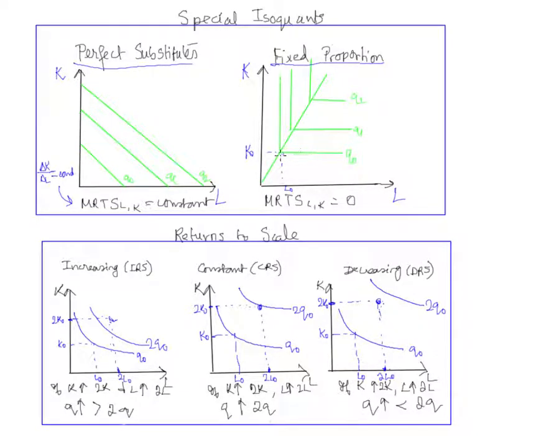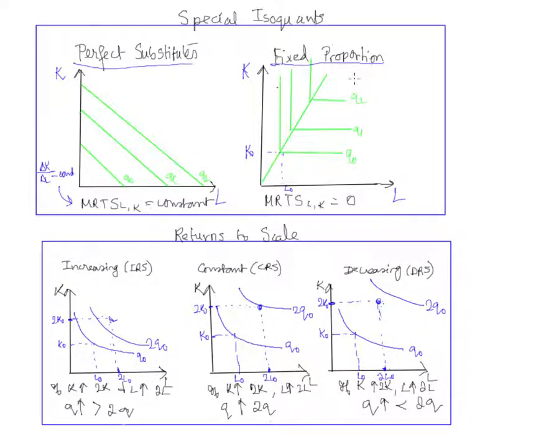If you keep K fixed at K0 and just increase L, then you're not able to change output. Similarly, if you keep L fixed at L0 and just increase K, you cannot increase the output. So they always have to be used in a fixed proportion.